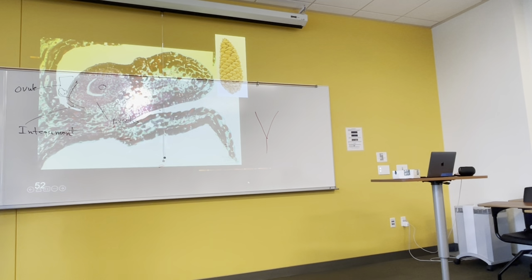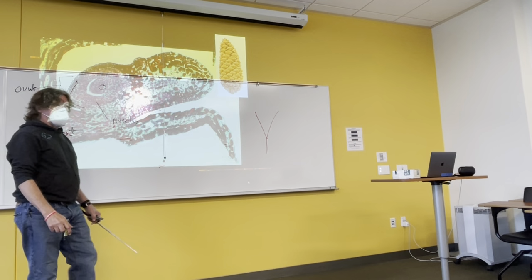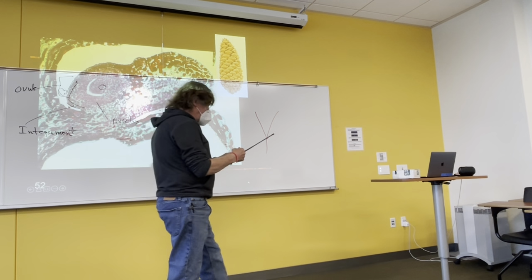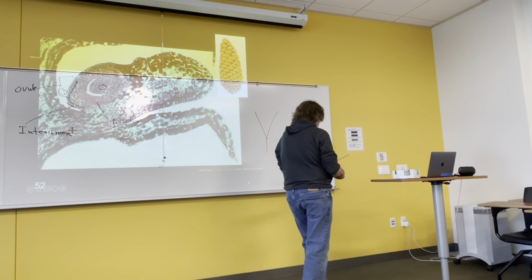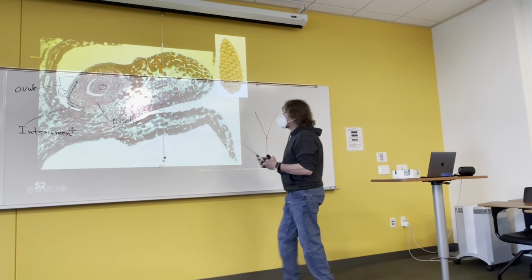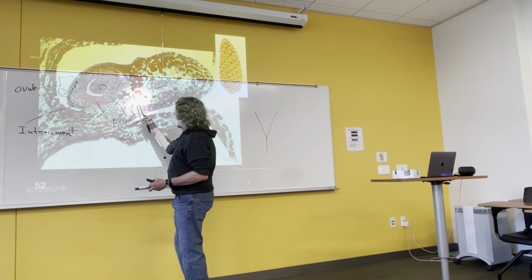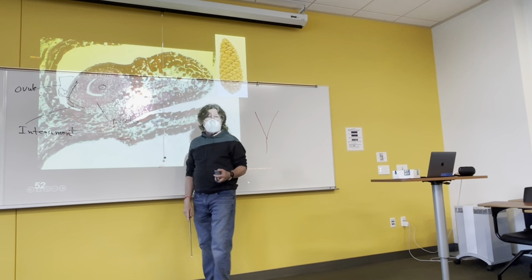And she will produce 2 to 3 archegonia. Now this female gametophyte is relatively big, but it's still sitting in this ovule. Okay, it's located inside of the ovule.